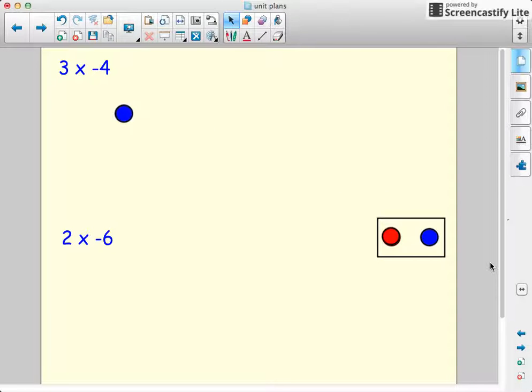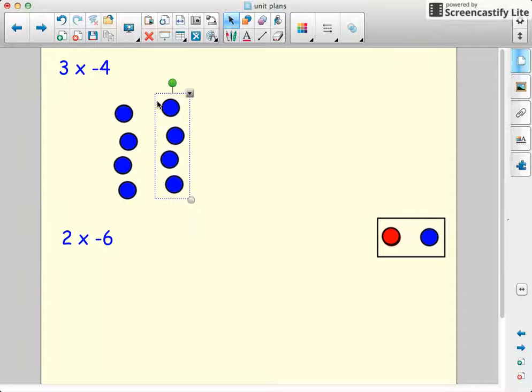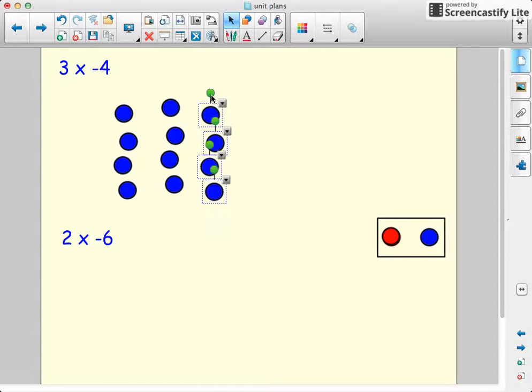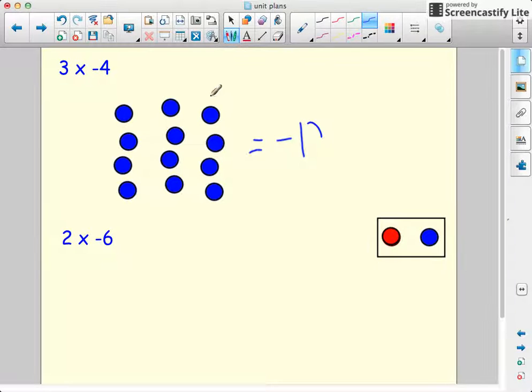So I have -4 in each group. So let's start with 4 negatives. And I have 3 groups of that. So I'm just going to copy and paste those. So in total, what I have is -12.